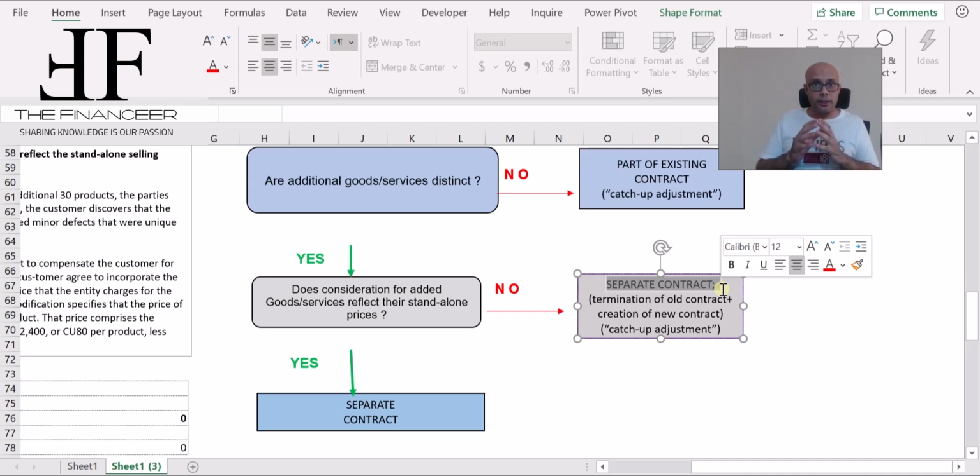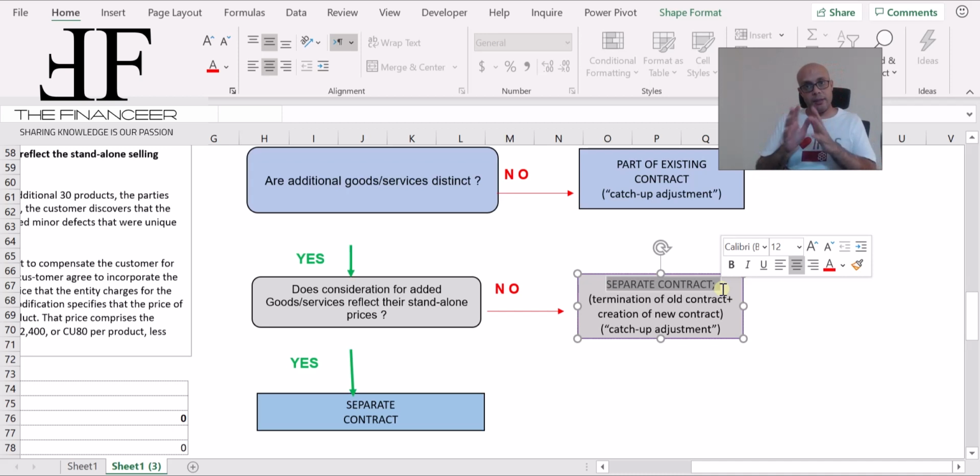So the new contract will contain the remaining units of the original contract, which is 60 delivered and 60 remaining. So the remaining units are 60, plus the 30 units that will be delivered as the additional products.